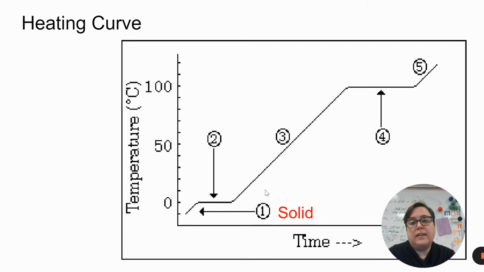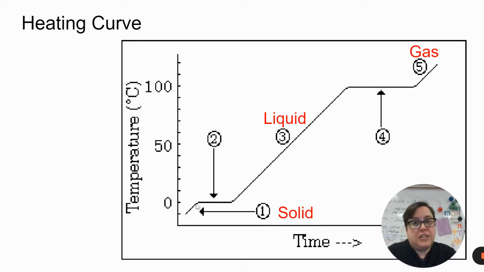Now there's 1, 2, 3 diagonals. 3 diagonals represent the three phases. Okay, so in the middle we have our liquid phase, and then up here at the highest temperature would be our gas phase. The two plateaus then represent the phase change, going from solid to liquid.